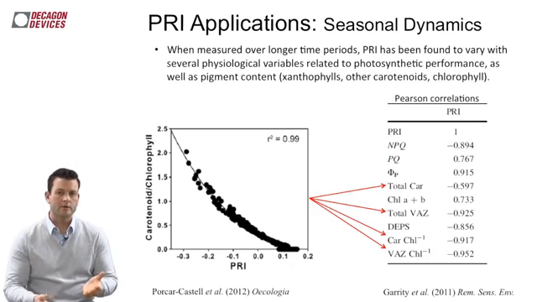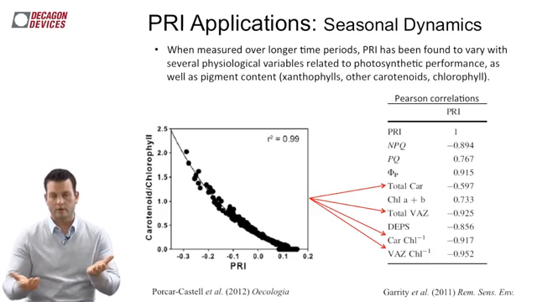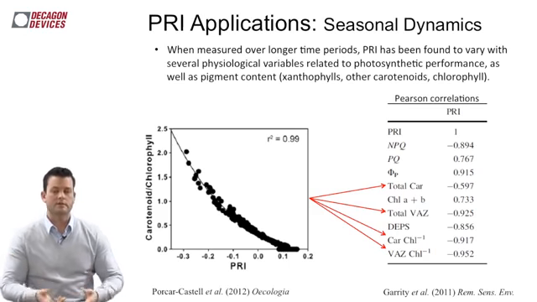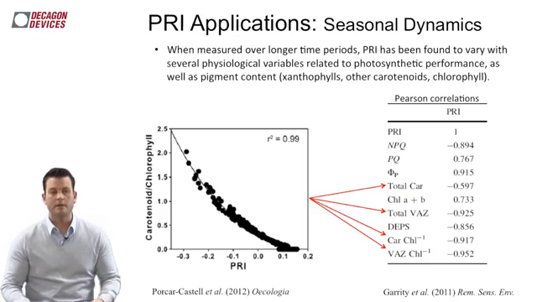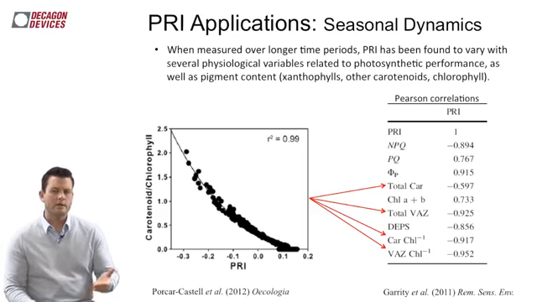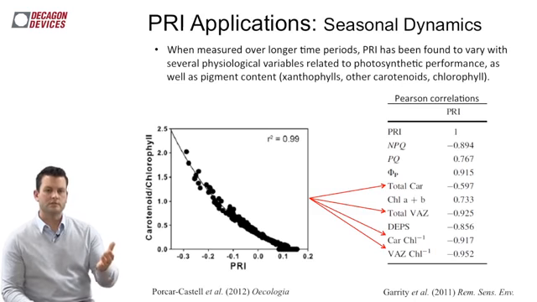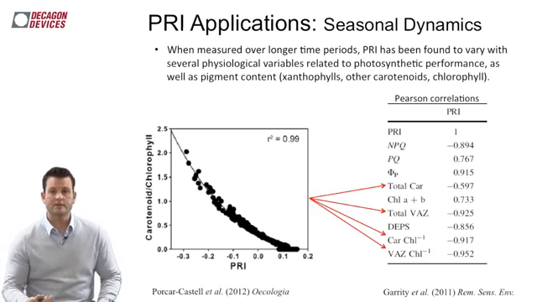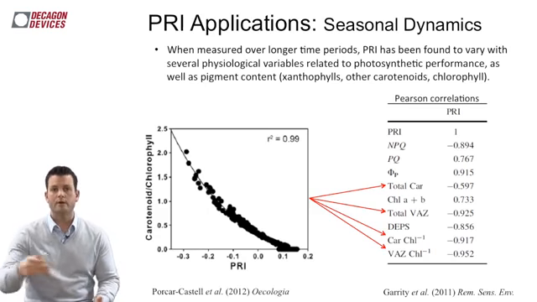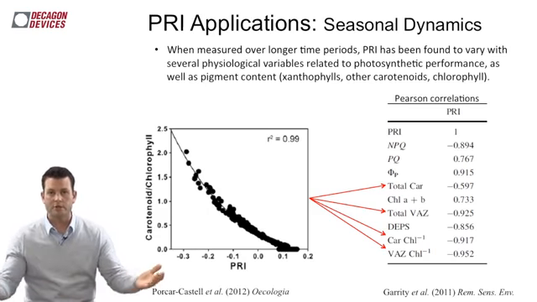So when we compare the content of carotenoid to chlorophyll, and the dynamics of that ratio over time, we can get a sense of how stressed a plant may be. So it may be a different way of looking at light use efficiency or photosynthetic efficiency using the PRI still, but over a broader time period or over broader spatial areas.